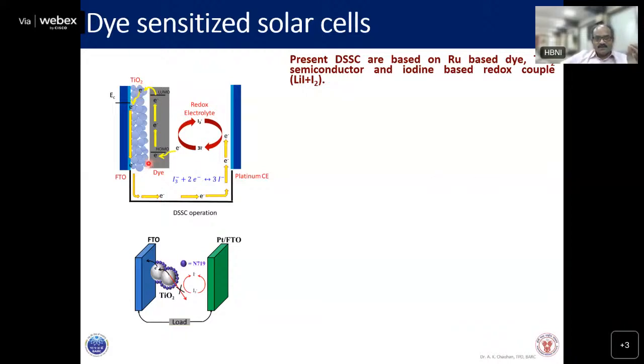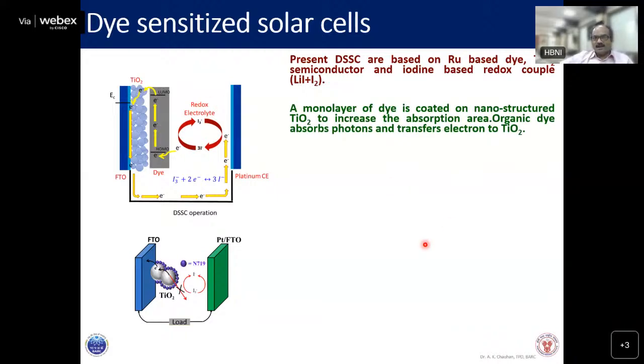Now when light falls on these, the dye gets excited, and this electron is collected by the semiconductor, and this hole is extracted from this redox. So we have a lithium iodide and I2 mixture, which creates a redox couple, for completing this circuit.